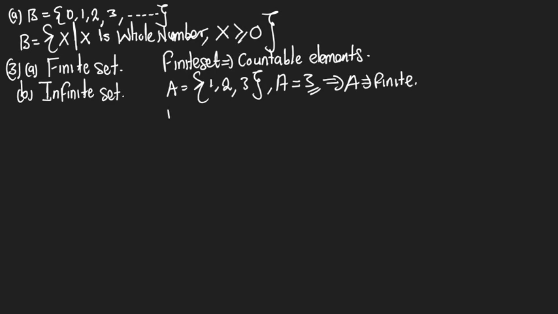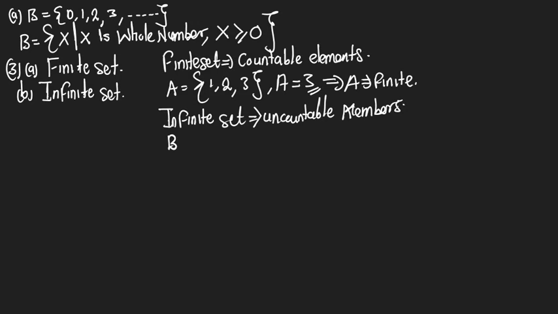An infinite set is a set which contains uncountable members. So if set B is a set of numbers like 1, 2, 3, then etc., etc., these are uncountable numbers. You can't count them.